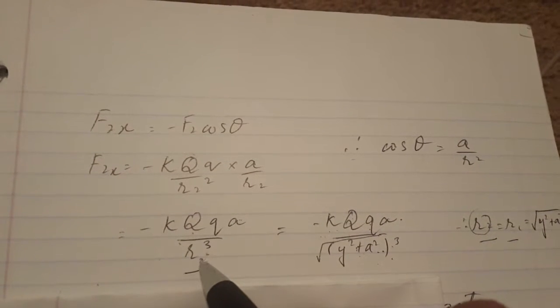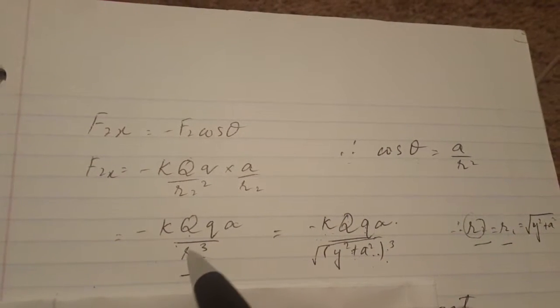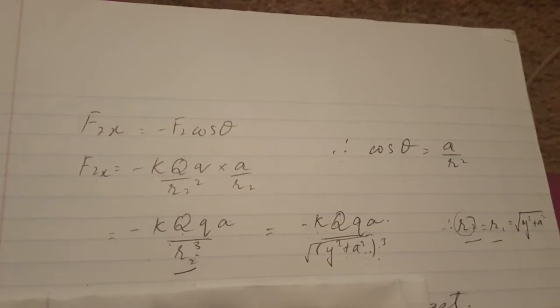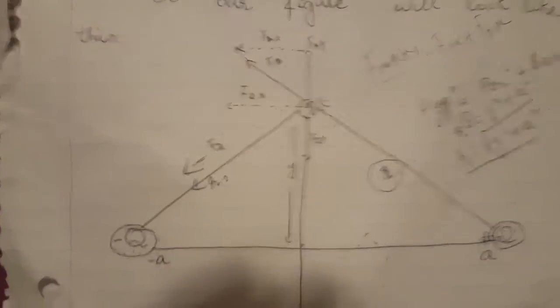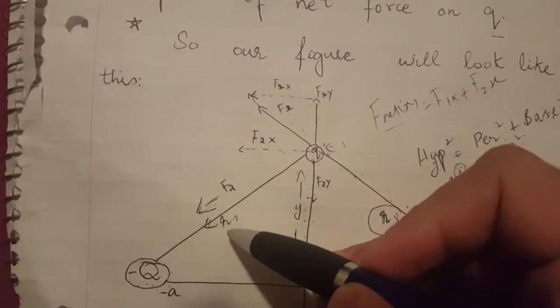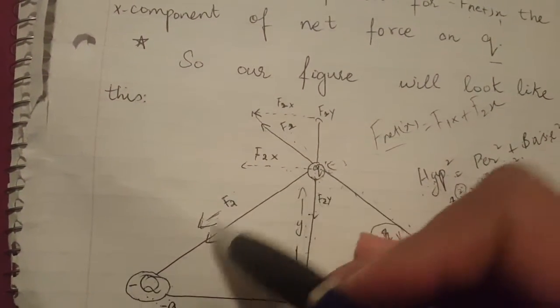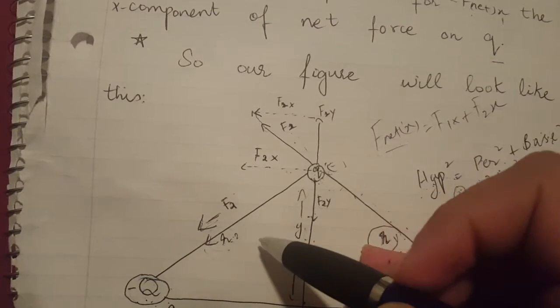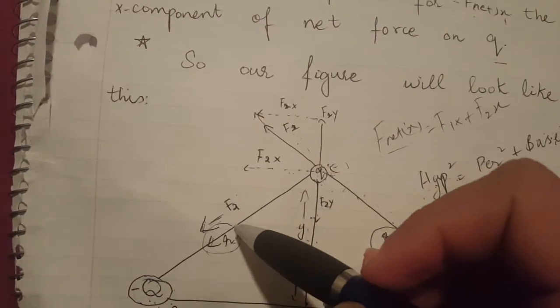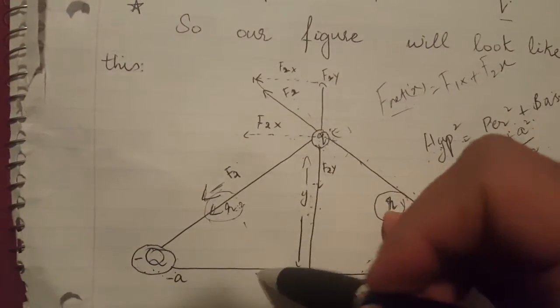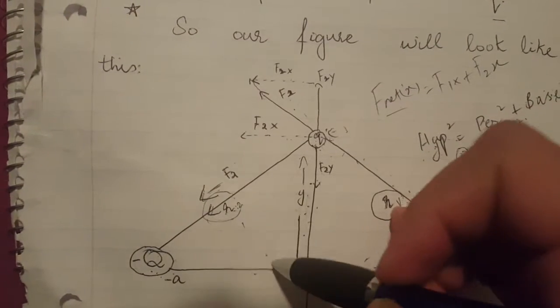Just as we found R1 from the figure, we can easily find R2. Let's have a look back at the figure. R2 is the distance between negative q and small q. As we discussed earlier, we can find this side of the triangle using these two sides according to the Pythagorean theorem.